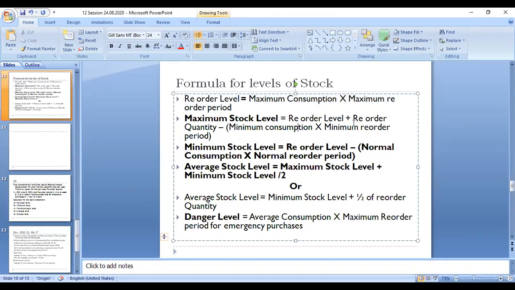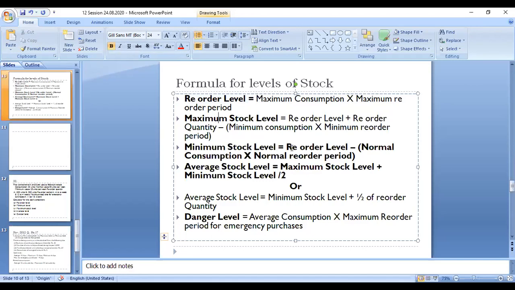Reorder quantity is given in the question, or it may be the EOQ, economic ordering quantity. Then minus minimum consumption into minimum reorder period. You add the two and deduct this multiplication value. This is called the maximum stock level formula.